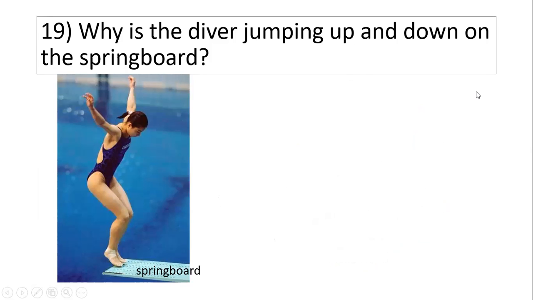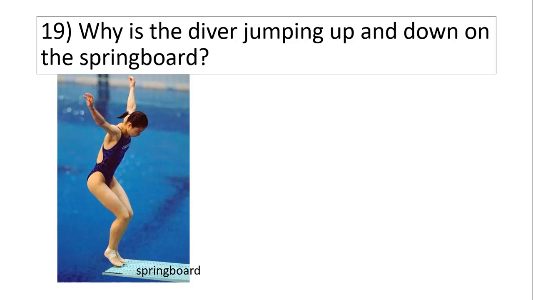So can you explain why the diver jumps up and down on the springboard? Not sure? What she's doing is trying to force the springboard to vibrate at its natural frequency. As we have said, if it vibrates at its natural frequency, it vibrates with large amplitude.